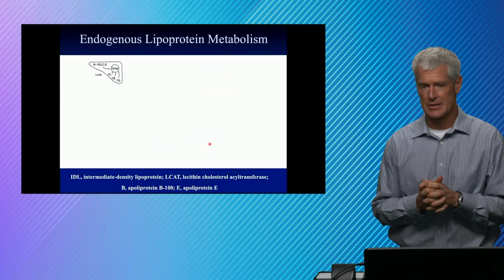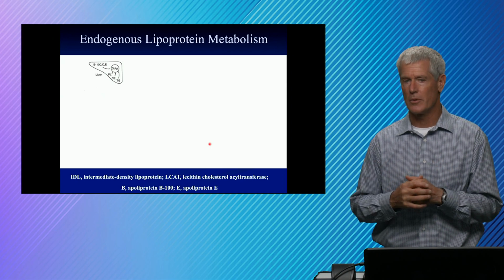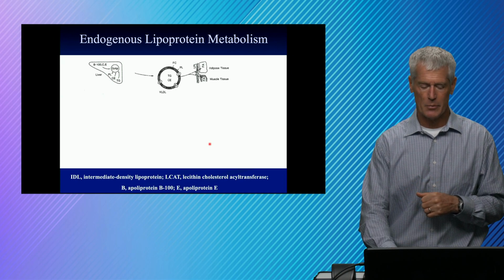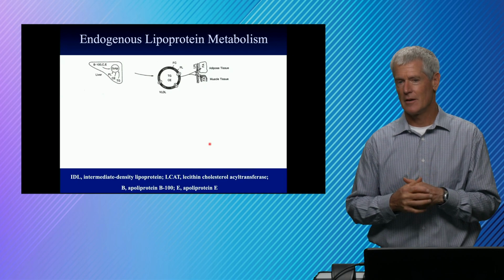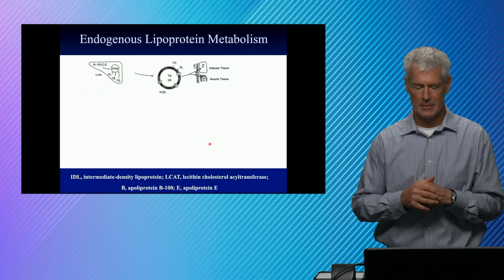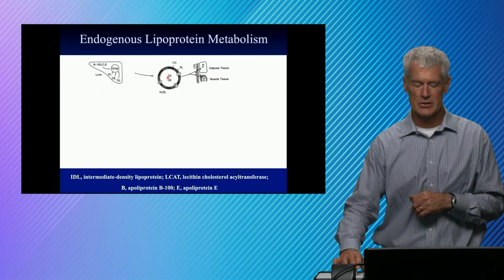On the endogenous side, so not only what you eat, but your liver is also producing lipoproteins, and it produces VLDL. It has a half-life of maybe an hour, something like that, 50 minutes. It's about 50% triglyceride, about 50% cholesterol esters.